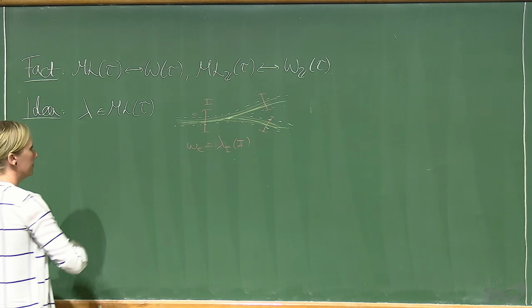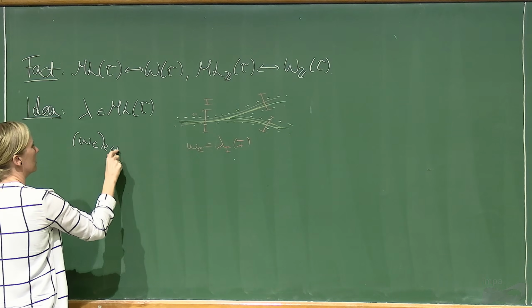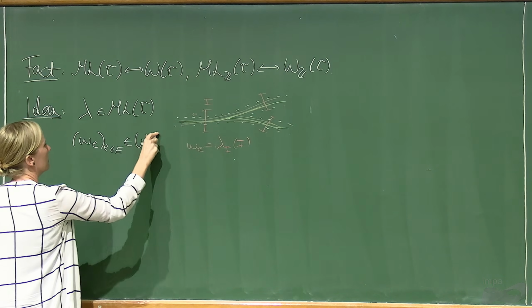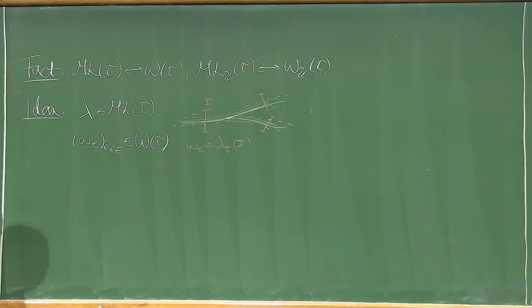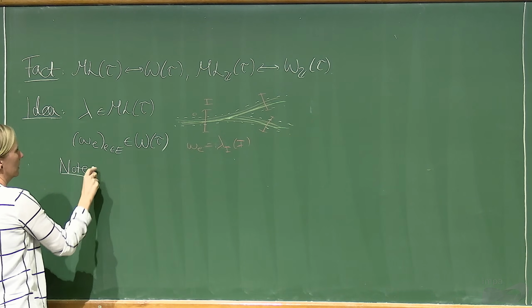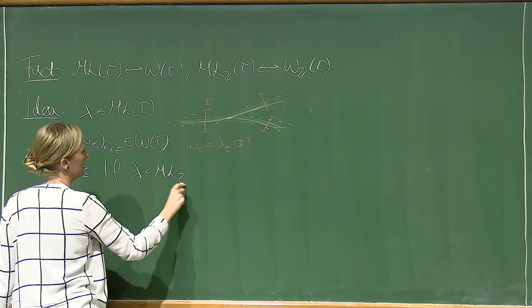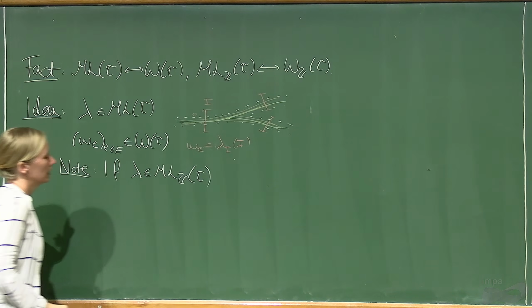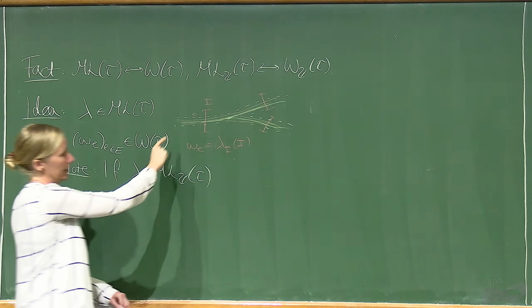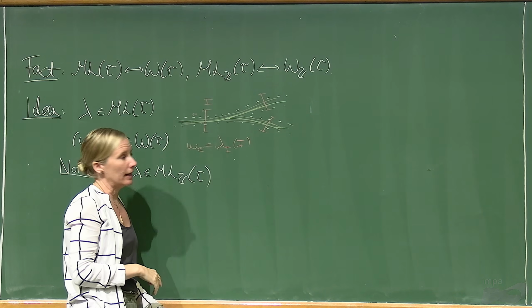So this W_E defined this way is in the switch equations solution set. And if this is a multicurve, then it looks more like this: there are finitely many strands in each edge.